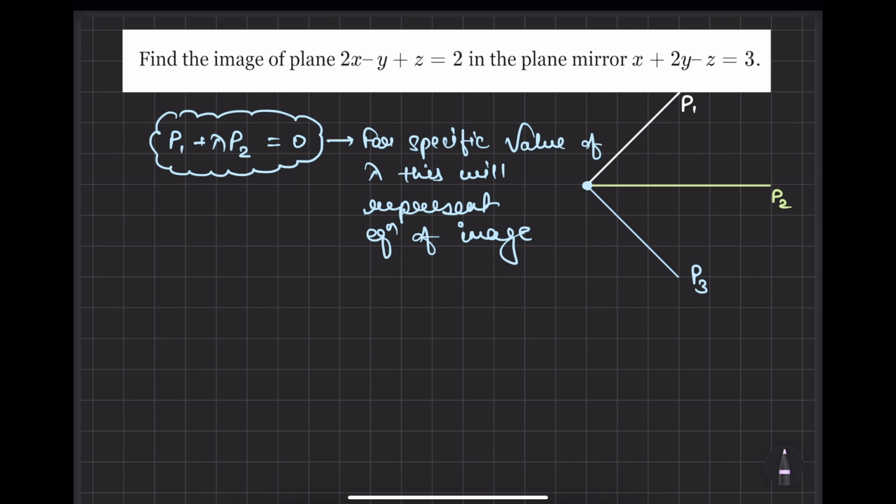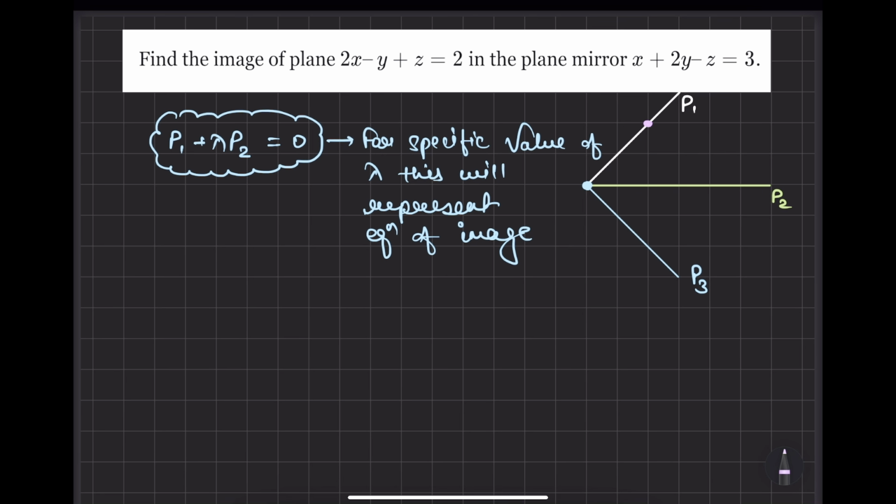You know that while finding an image, we can find the image of a point along the plane. We cannot find the image of the plane with respect to a plane directly, but we can find the image of a point on the plane, correct?